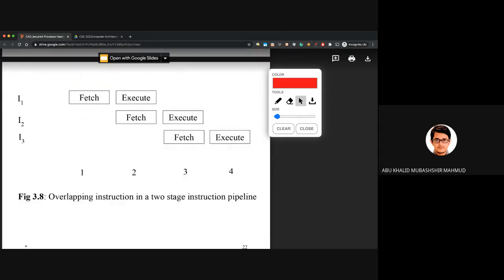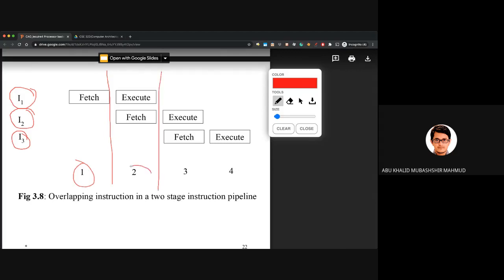So let's discuss this first. The first one is the I1 instruction, this is the second instruction I2, and this is the third instruction I3. This is the first clock cycle, this is the second clock cycle, this is the third clock cycle, and this is the fourth clock cycle. As we observe here, we have the fetch stage of instruction I1, and when we are executing I1, the CPU sends I2 to be fetched.